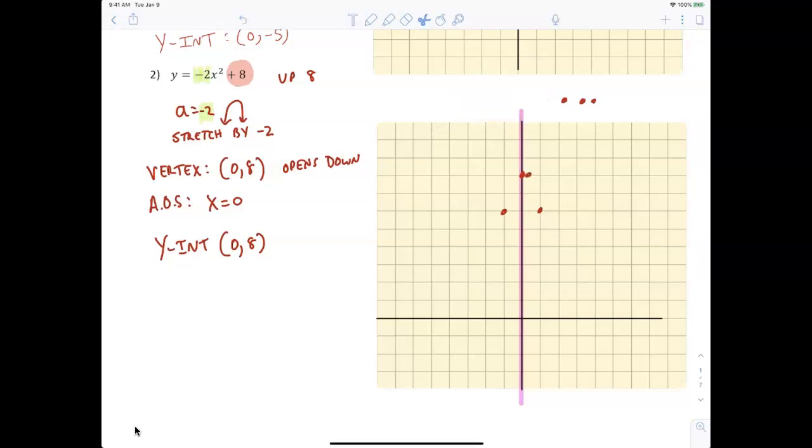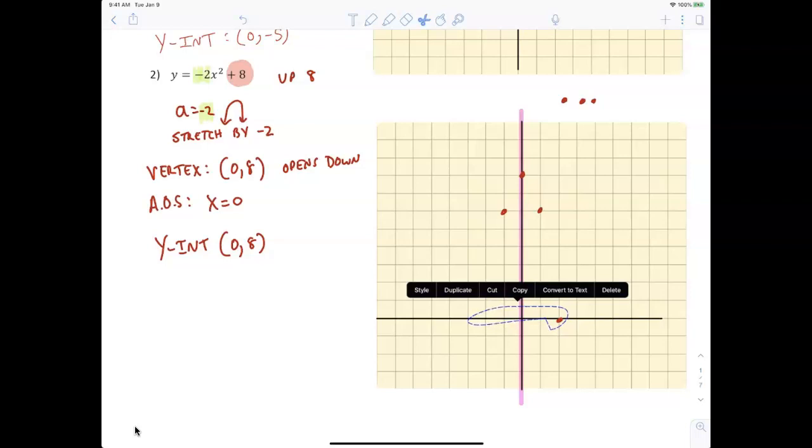From the vertex over 2, normally it's up 4, but because we're multiplying by -2, we're going down 8: 1, 2, 3, 4, 5, 6, 7, 8. Now why did we go down 8? We went down 8 because 2 squared is 4, and 4 times -2 is -8. And why did I multiply by -2? Because the a value was -2.